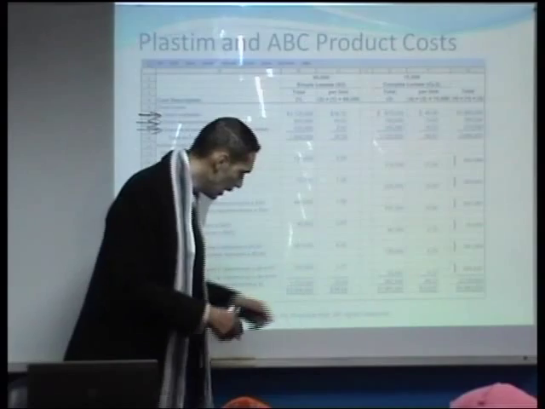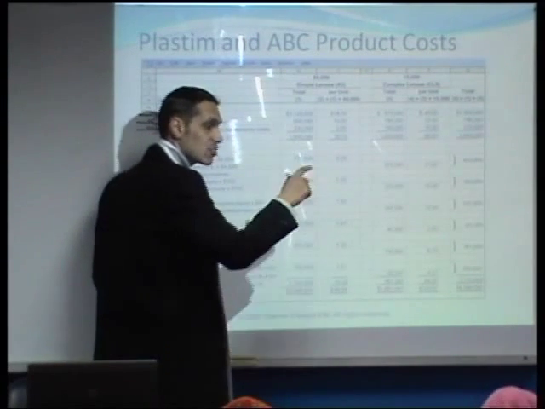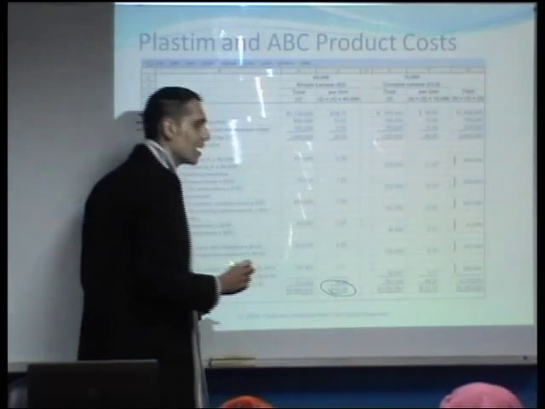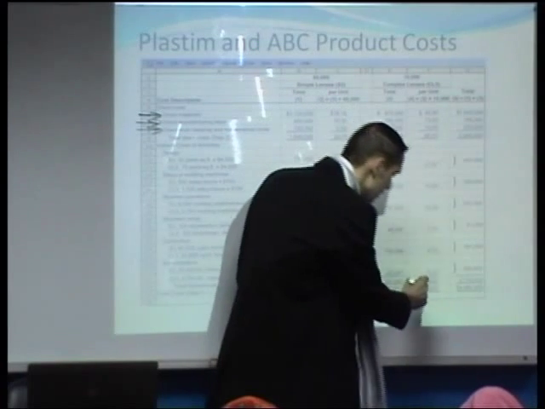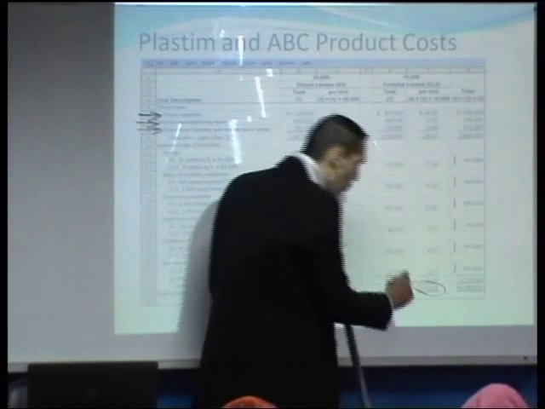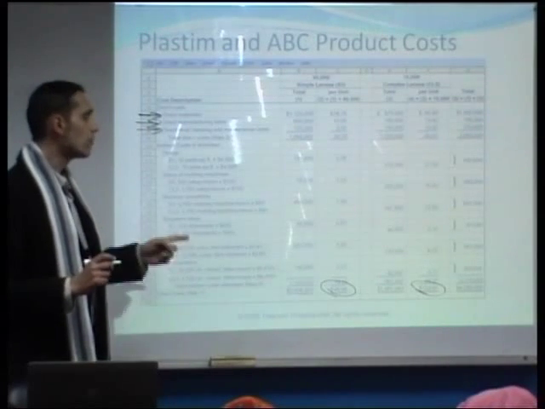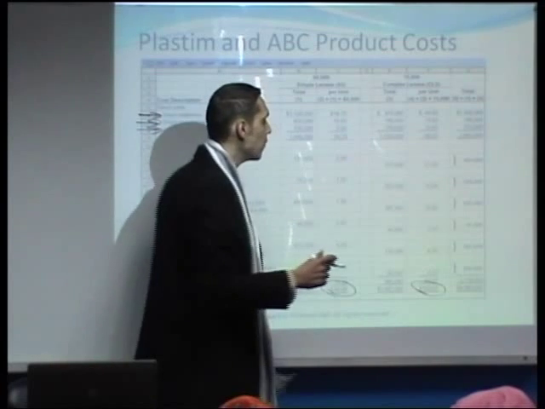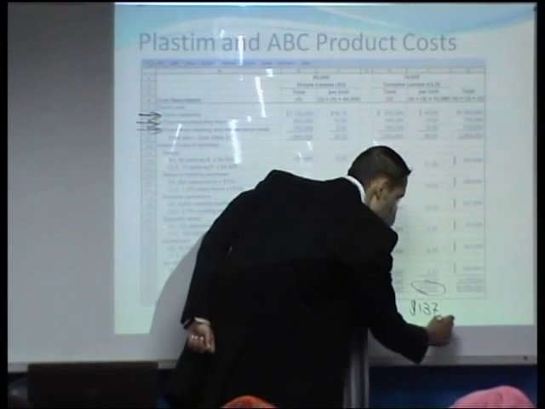As we can see here, the cost according to activity-based costing for the S3 is 49.98, while for the complex lenses it is 132.07. Of course, we have been selling the CL5 at $137.